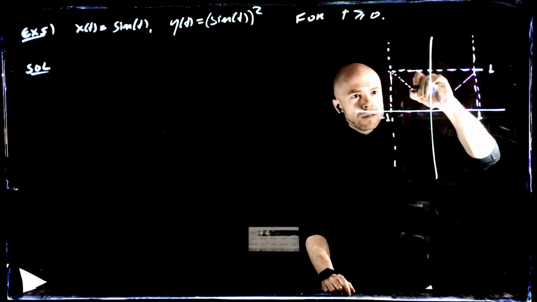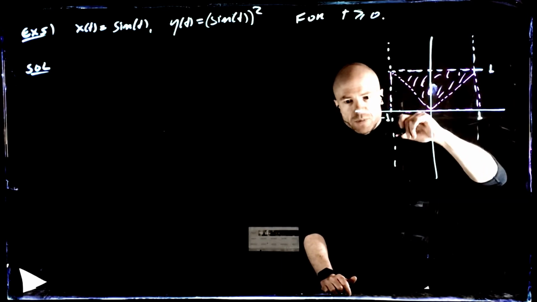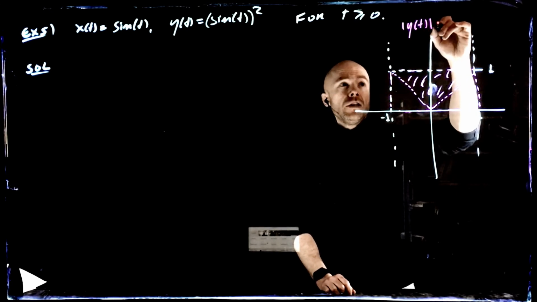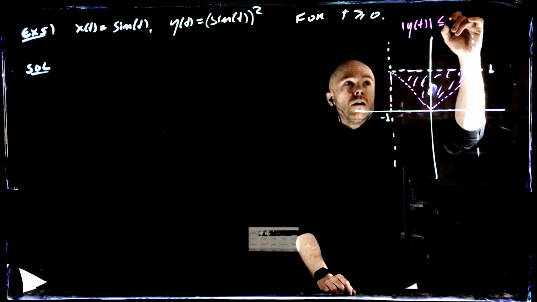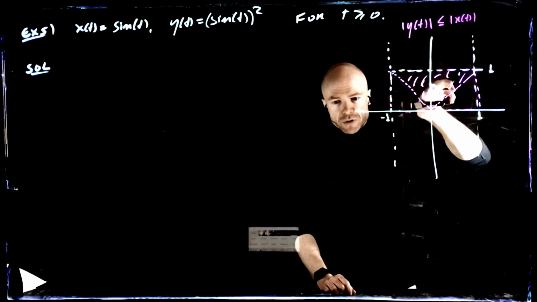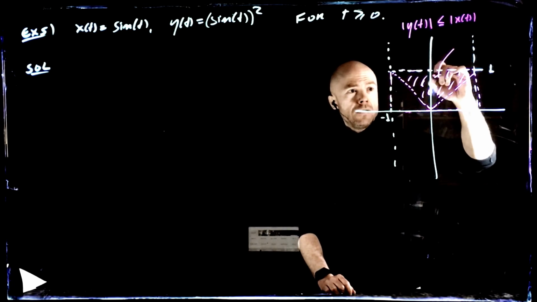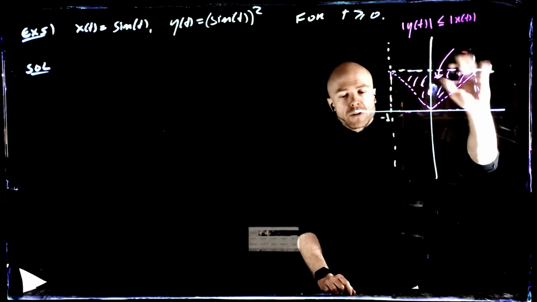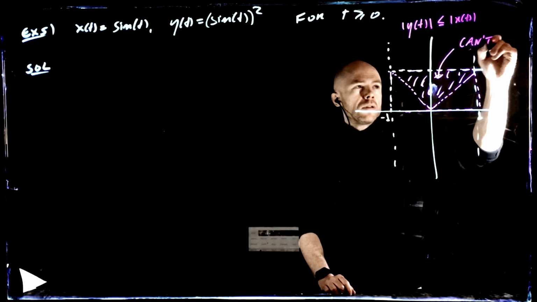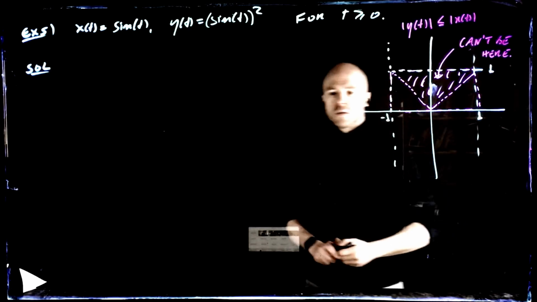So we can cut out this part because, as you say, the magnitude of y of t is less than the magnitude of x of t. So it can't be in any of this upper triangle here. But let's actually try and get the curve that it lives on.